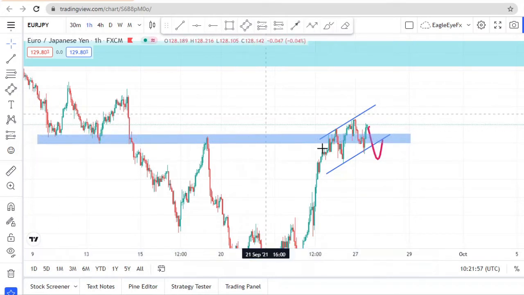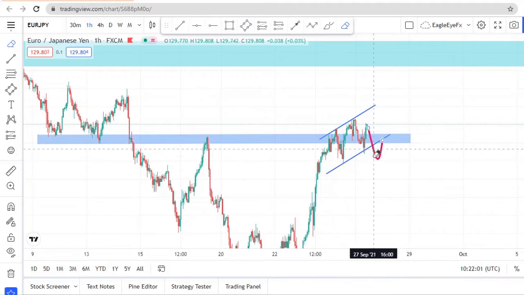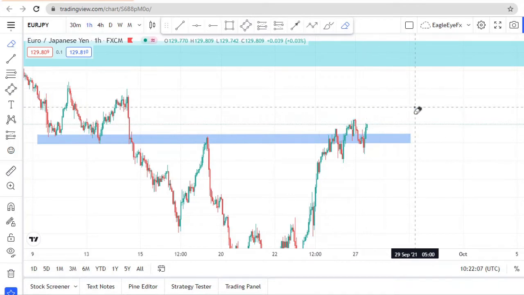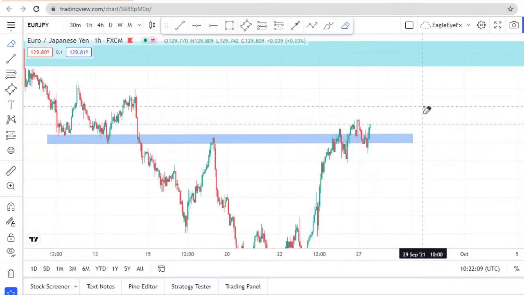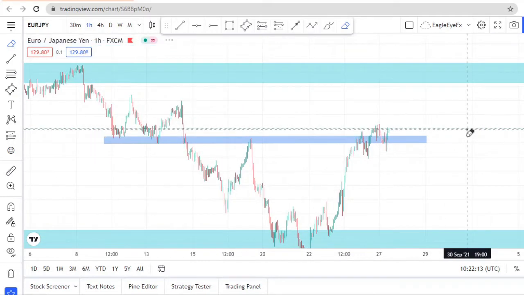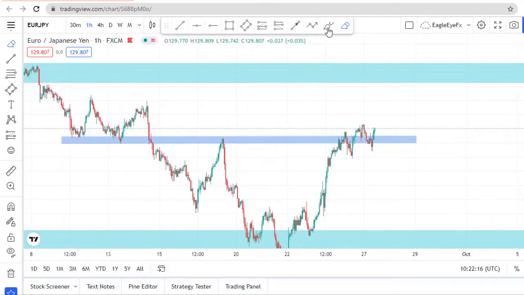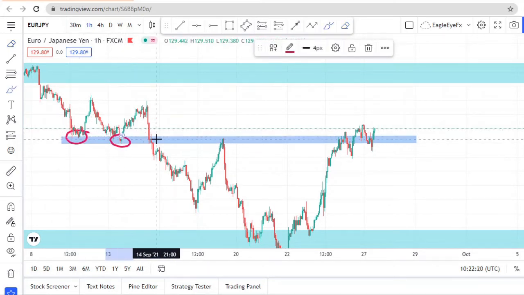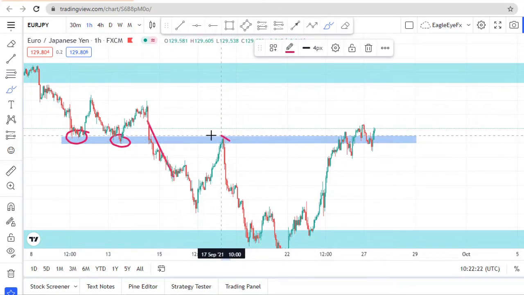Let me draw that. So what you can see here is, let me take away this first of all, let's take away that and that. All right, so from the 1-hour time frame, there's something interesting here, because you can see that this level here acted as a support, then it was broken, and now is acting as a resistance.